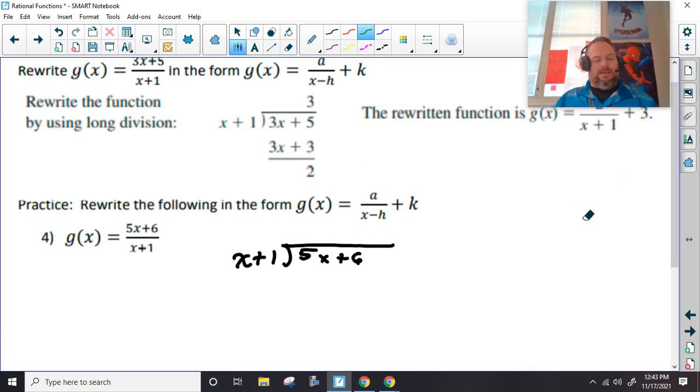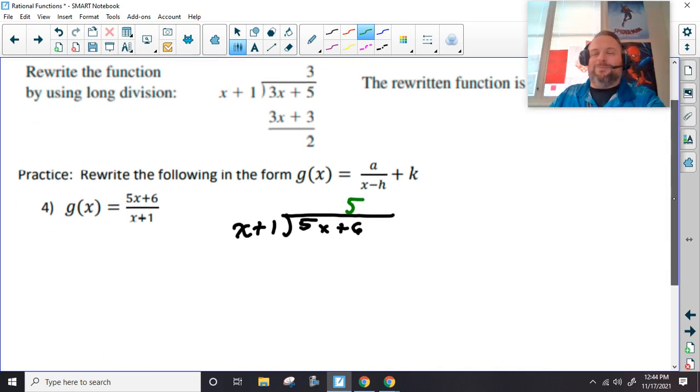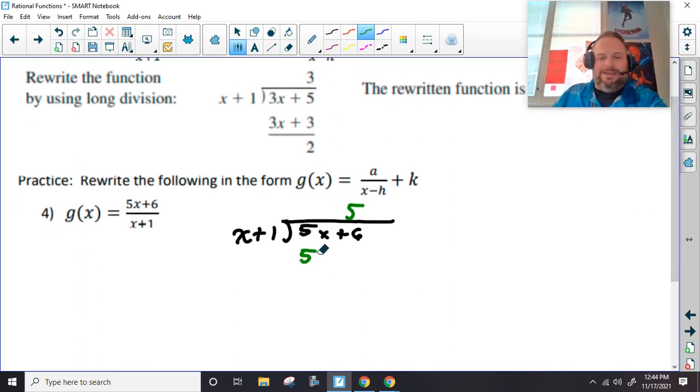All right, let's think about it. How am I going to get rid of this x value? What am I going to have to multiply this whole thing by? How about 5? Because I want that x value to go away. Now, here's where it can get a little tricky.